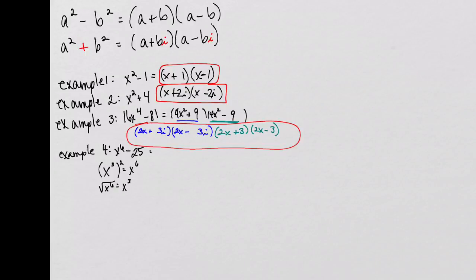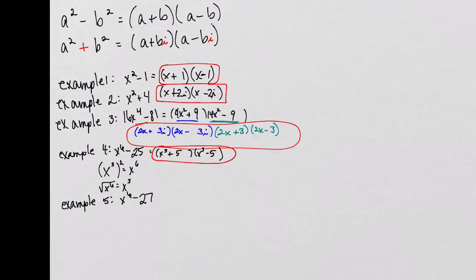So that's going to help me with my factoring. The square root of 25 is 5. It looks like I might have a sum and difference of cubes here, but 5 is not a cube number, so that just can't be factored anymore. So that one's done.